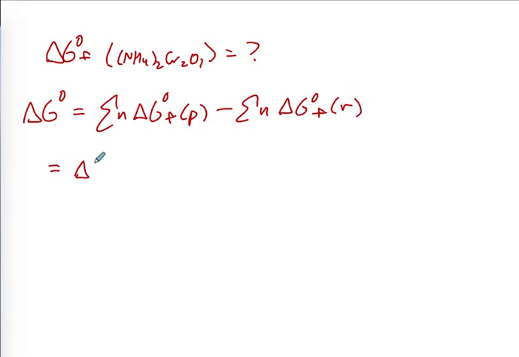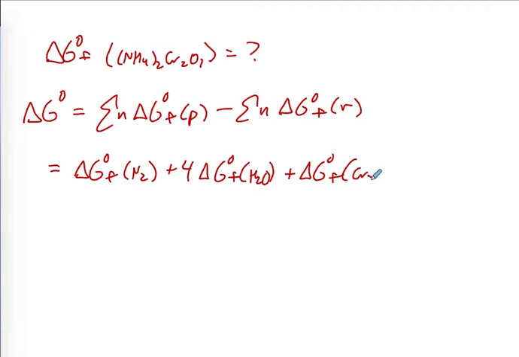So this will be the standard free energy of formation of nitrogen gas plus 4 times the standard free energy of formation of water plus the standard free energy of formation of chromium-3 oxide minus delta G naught for the reaction we just calculated. So to calculate, oh wait a minute, I left something out.